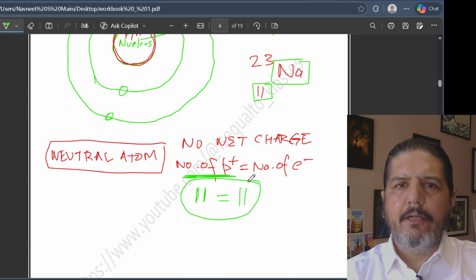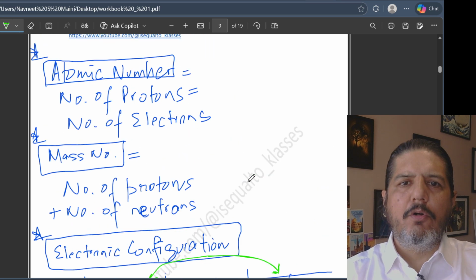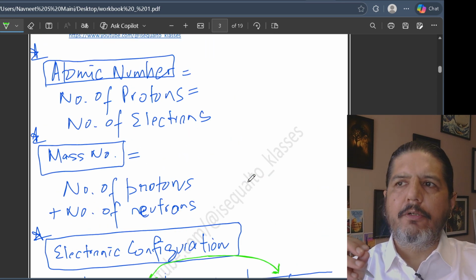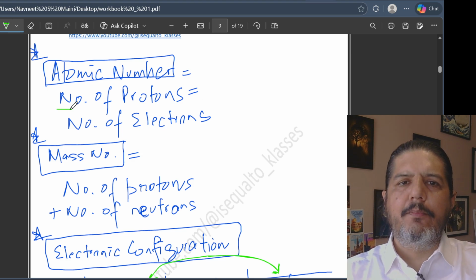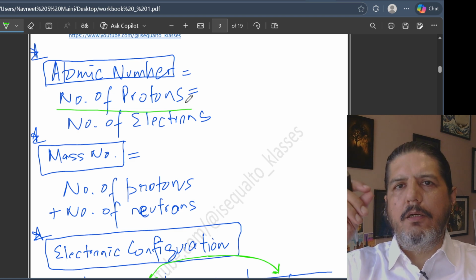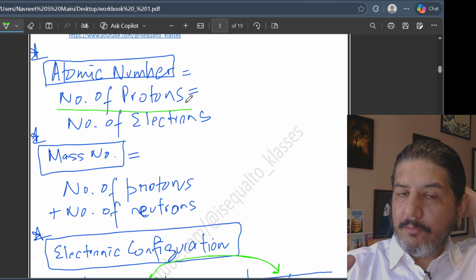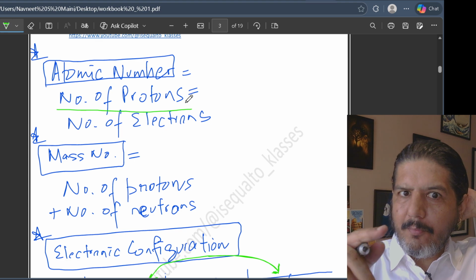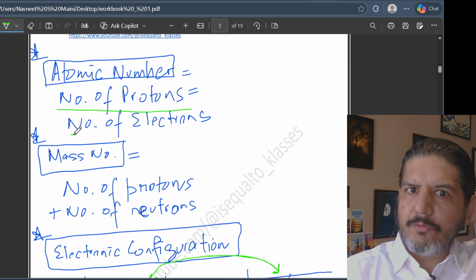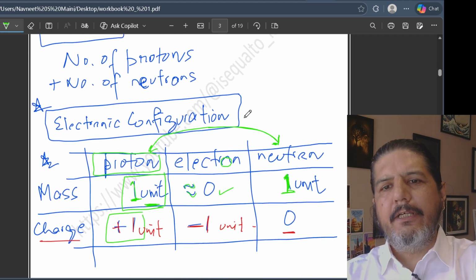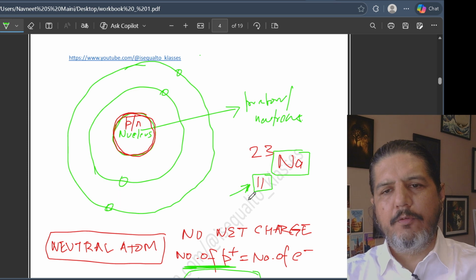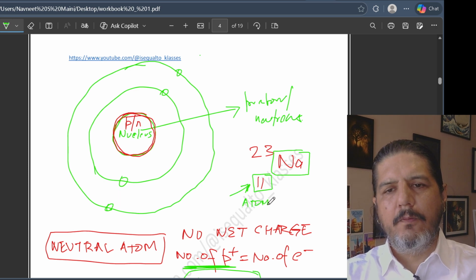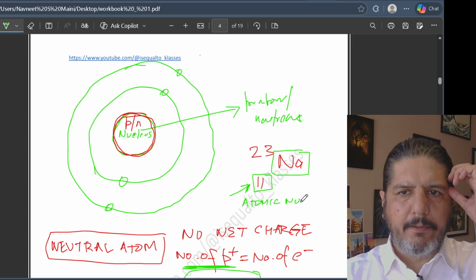Another thing that you should remember is that there's an important property of an atom, which is called the atomic number. Atomic number is basically the number of protons of an atom. And as I have told you, in a neutral atom, the number of protons is equal to the number of electrons. So in this case, we can say that this 11 is the atomic number.